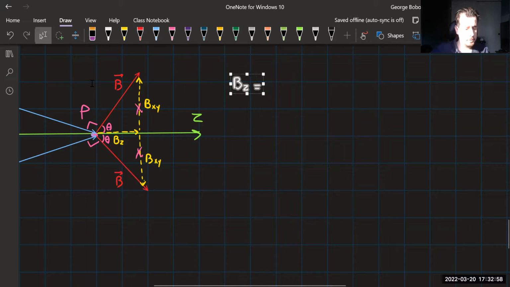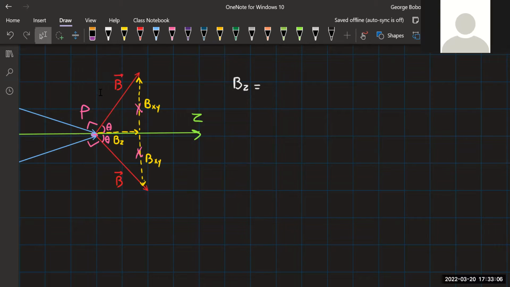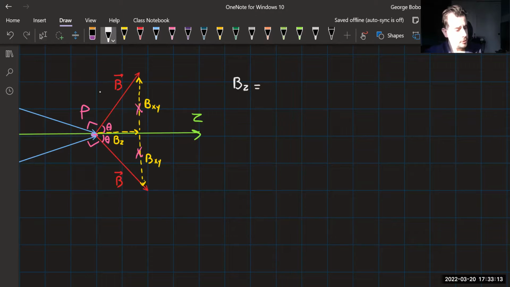Bogdan, do you think you can get me this in terms of the other two? Yeah, shouldn't it be B arrow over Bxy? We're not going to use this guy, right? So we want this one, the surviving component, in terms of the big B and the theta.